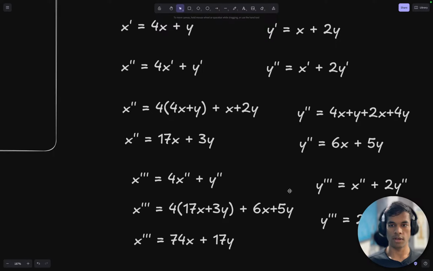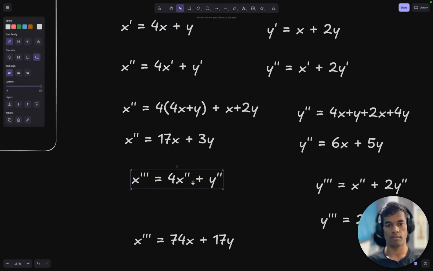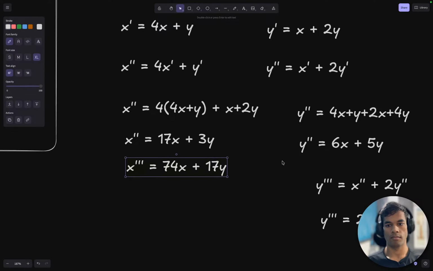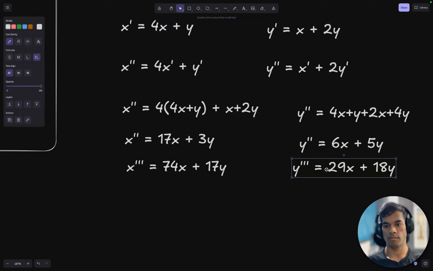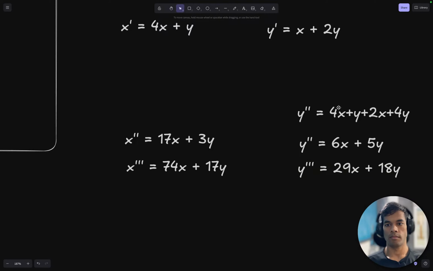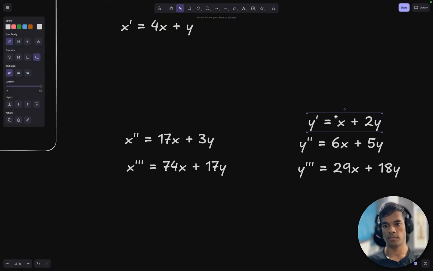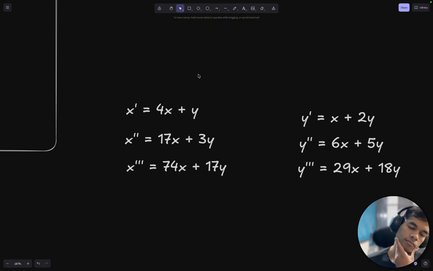So is there a pattern? Is there a pattern?